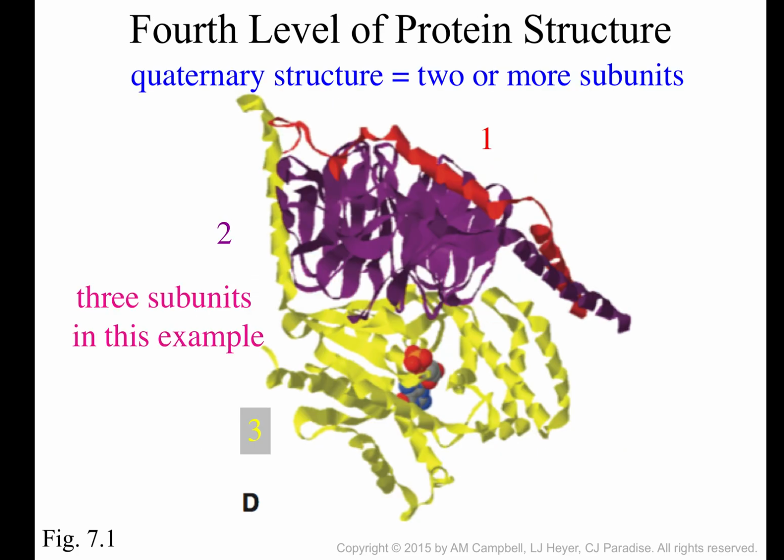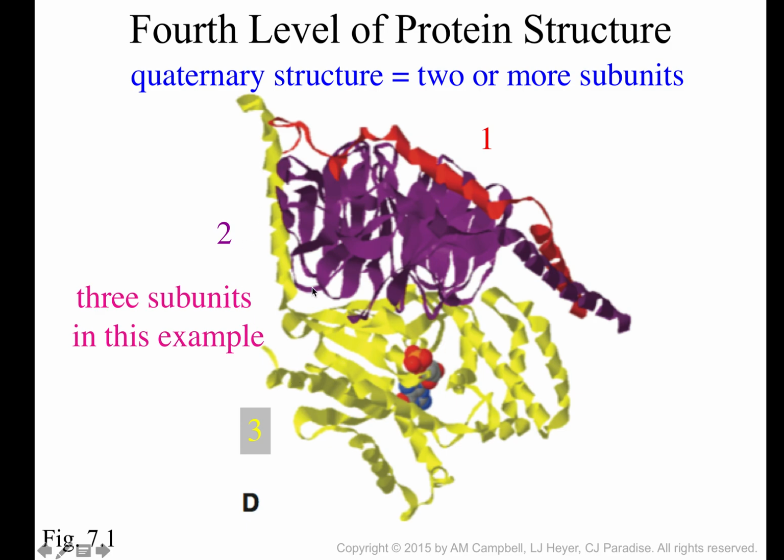And some proteins have more than one chain. So those proteins have quaternary structure. Here's 2 different chains folded up, one in yellow, one in purple. 3 chains folded up, one in red, one in purple, one in yellow. Each one of these has its own primary, secondary, and tertiary structure, and then all 3 of them together form a quaternary structure.